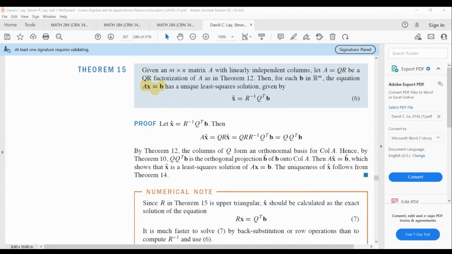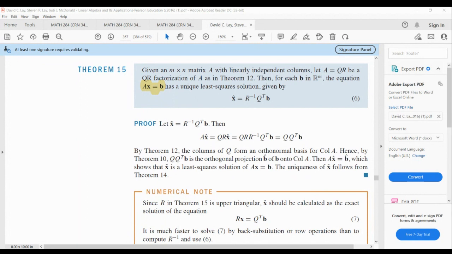A matrix A can be factored as a matrix Q whose columns are an orthonormal basis for the column space of A, and then R is an upper triangular invertible matrix. And it turns out that X hat will equal R inverse times Q transpose times B.